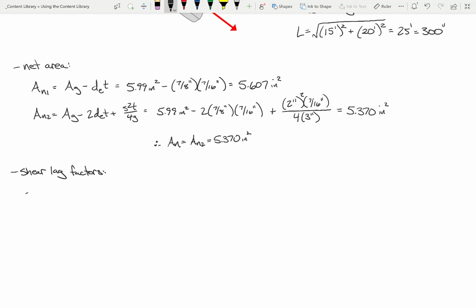Okay. Now, because of all the work we've already done, we know that x-bar for the connection is just x-bar for the angle, which was that. So what is U2? 0.897.